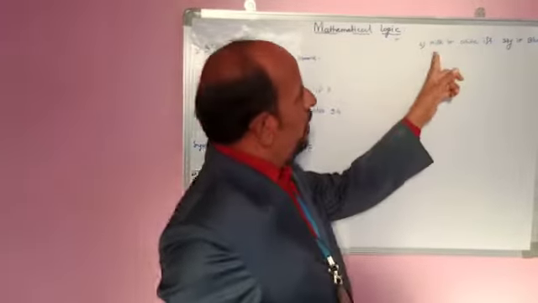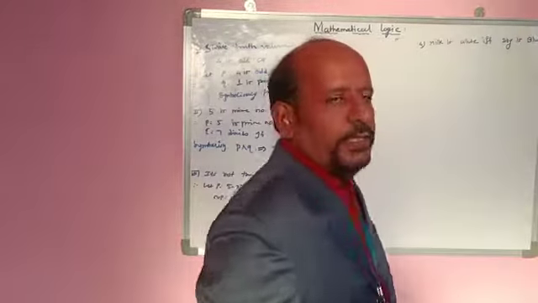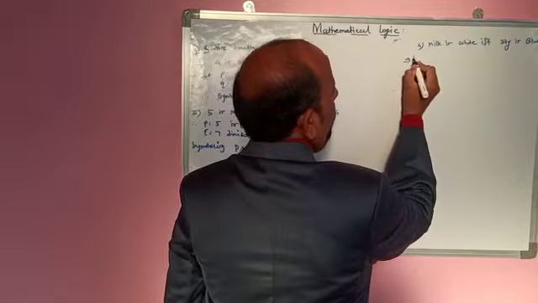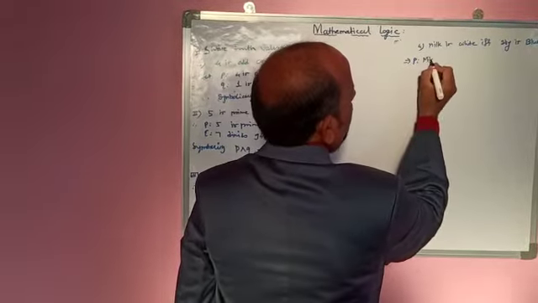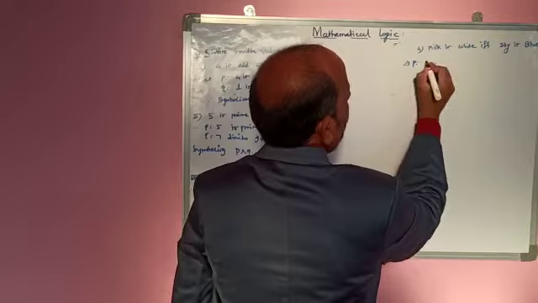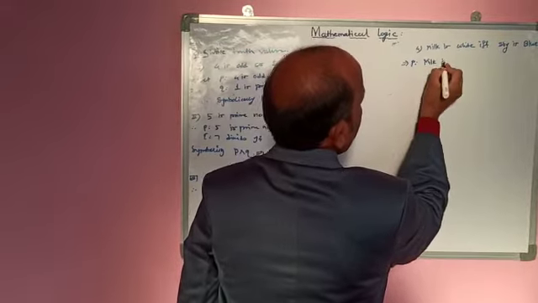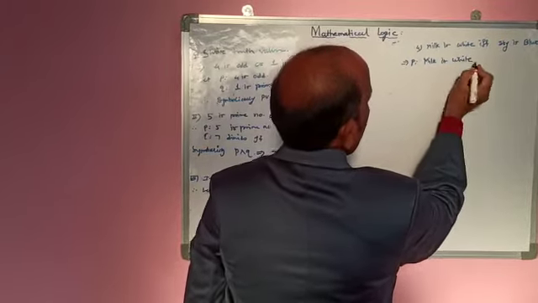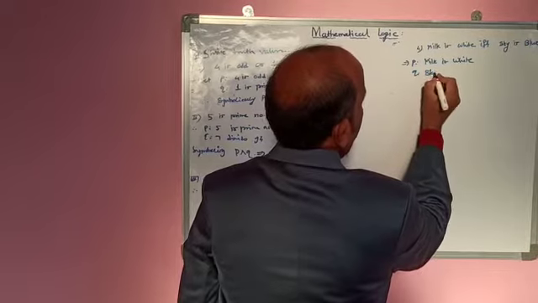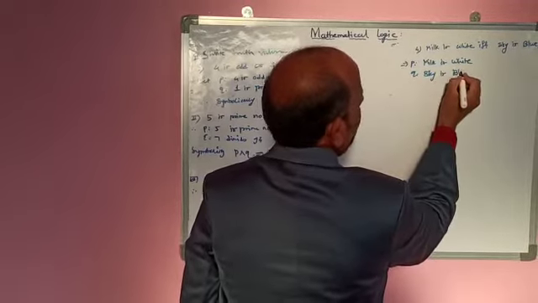Now, milk is white if and only if sky is blue. We define P, milk is white, and Q, sky is blue.